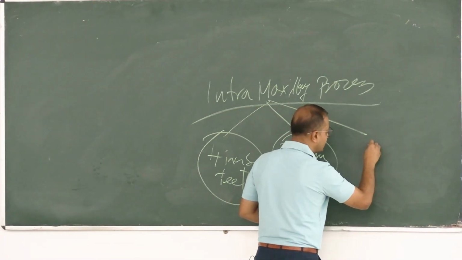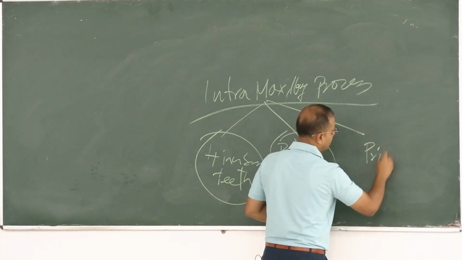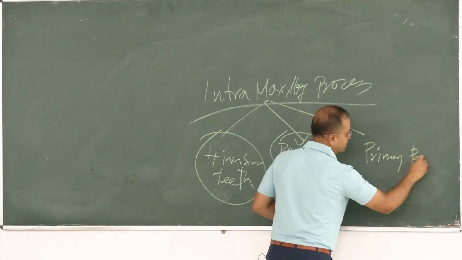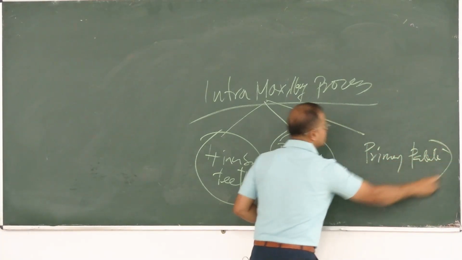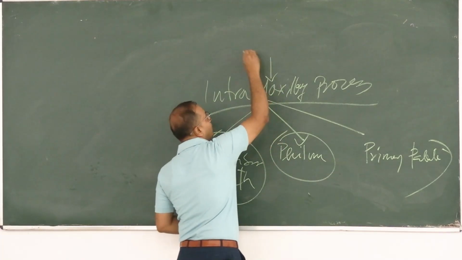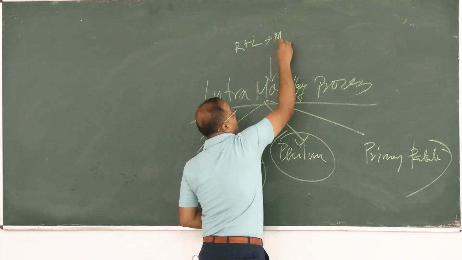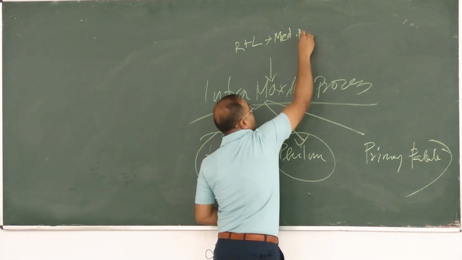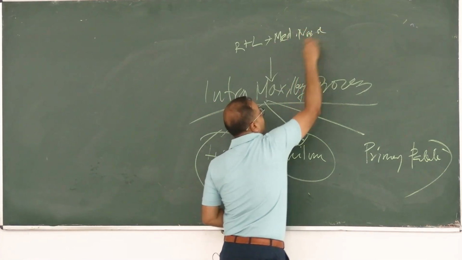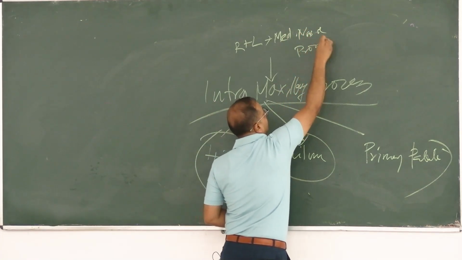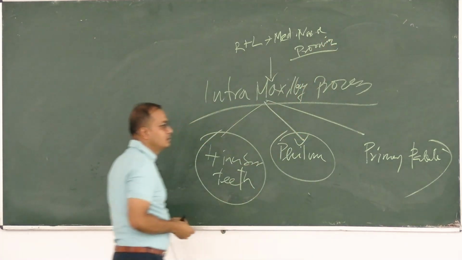We call it the primary palate. So this intermaxillary process comes from the right and left medial nasal prominences.